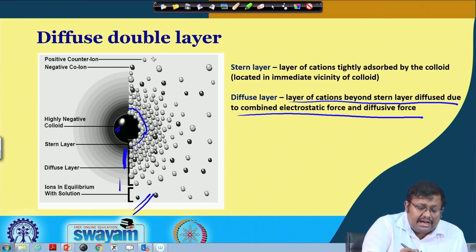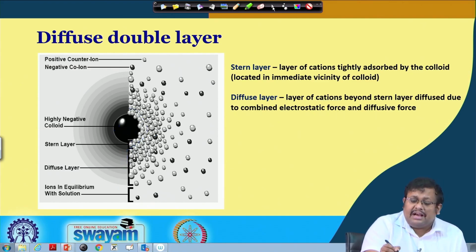Here we have positively charged cations and negatively charged coions, and this is the diffuse double layer. Again, this is the highly negative colloid and this is the adjacent Stern layer of positively charged counter ions, and beyond this counter ion layer there is a diffuse layer. This is how we call it the diffuse double layer.